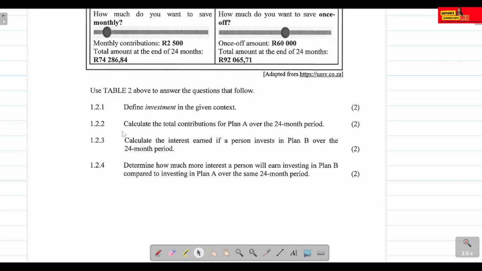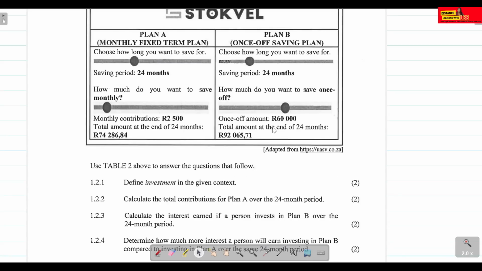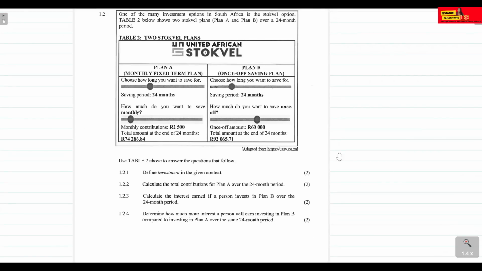Question 1.2.2. Calculate the total contributions for Plan A over the 24-month period. So this question is asking you how much would you actually contribute, or put into your savings plan, over a 24-month period if you choose Plan A. Here we were told that with Plan A, you'll make monthly contributions of 2,500.